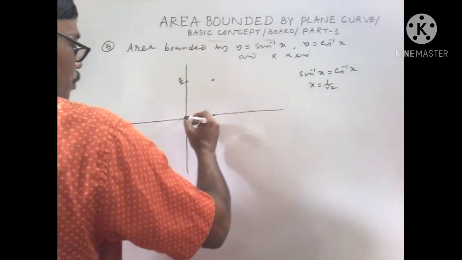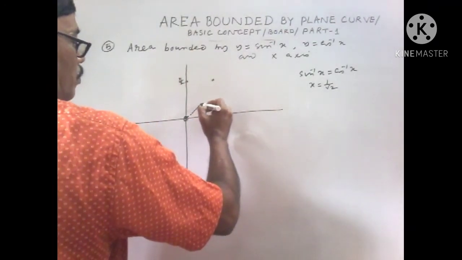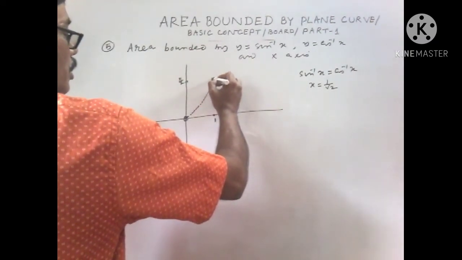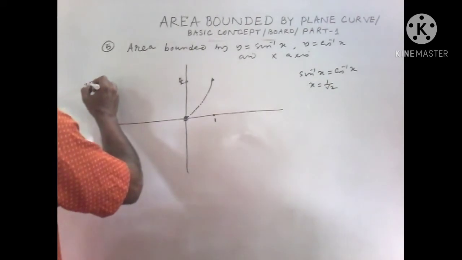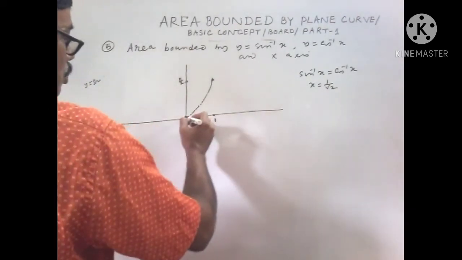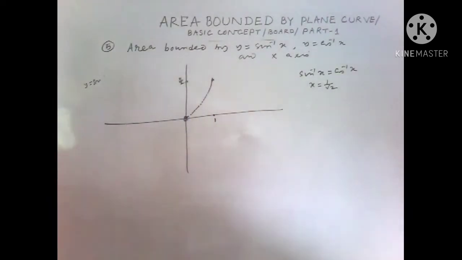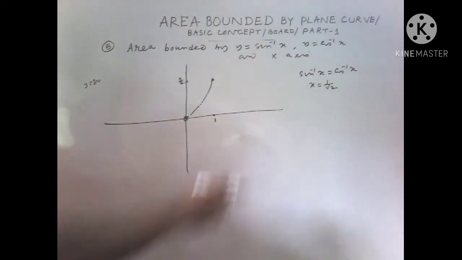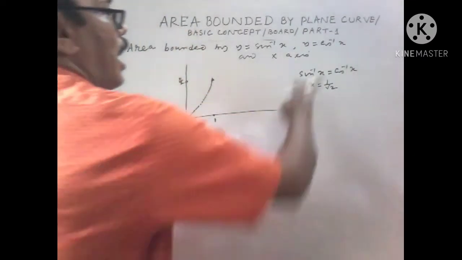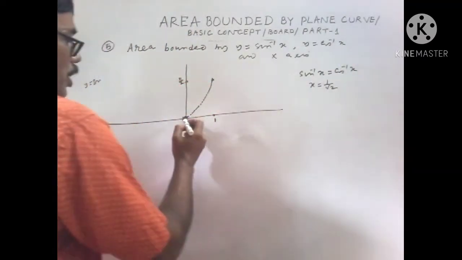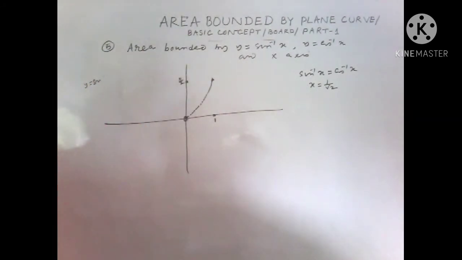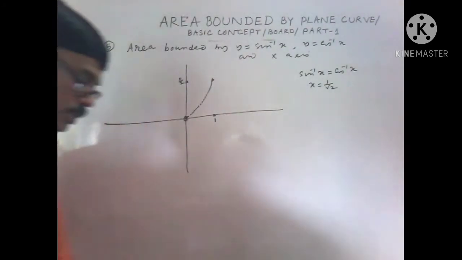So if we draw this curve, y equals sin x, its mirror image about y equals x is y equals sin inverse x, and y equals cos inverse x. At x equals 0, it is 1; at x equals 1, it is 0.